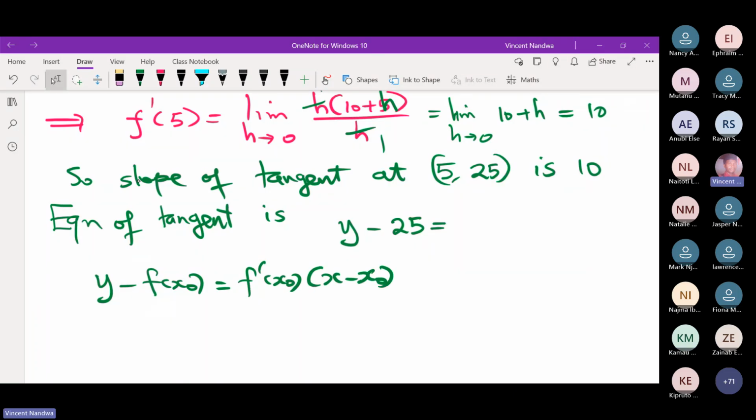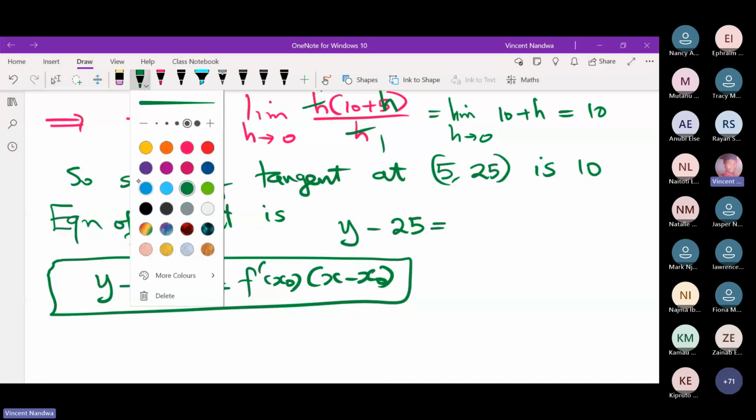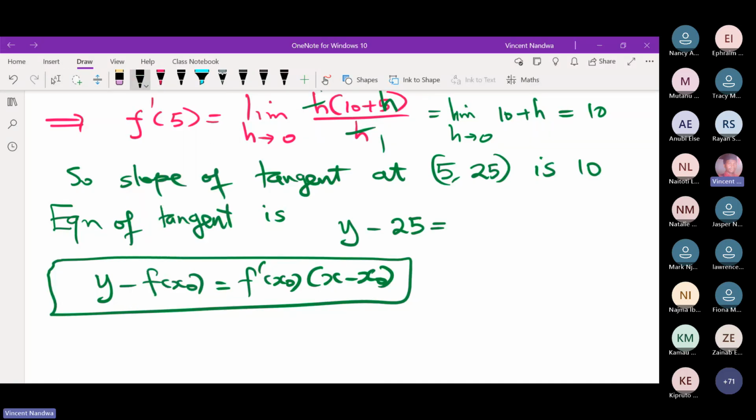Yeah, so this is the formula. So this is what I want us to use to get the equation. So it will be f prime at x naught. Remember, x naught in this case is 5. So f prime at 5 into x minus 5.